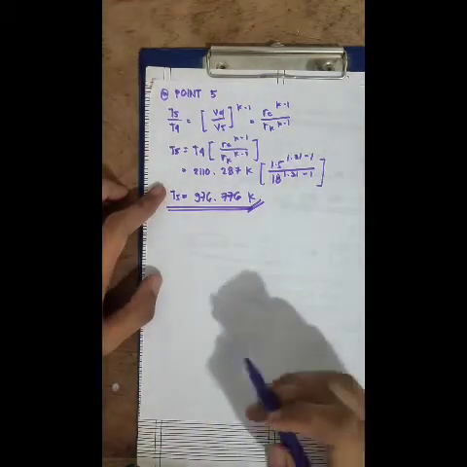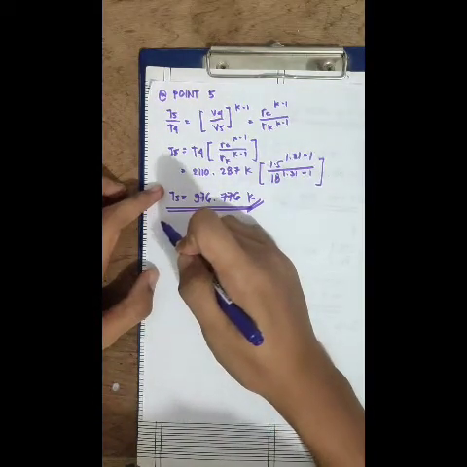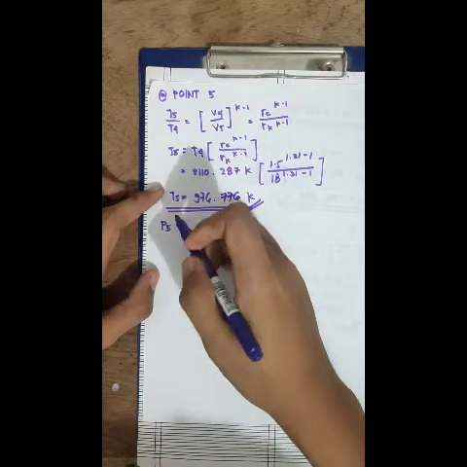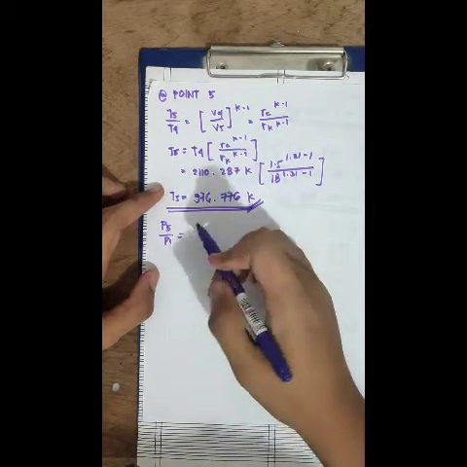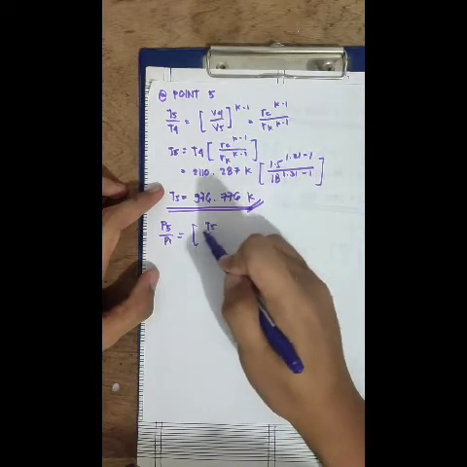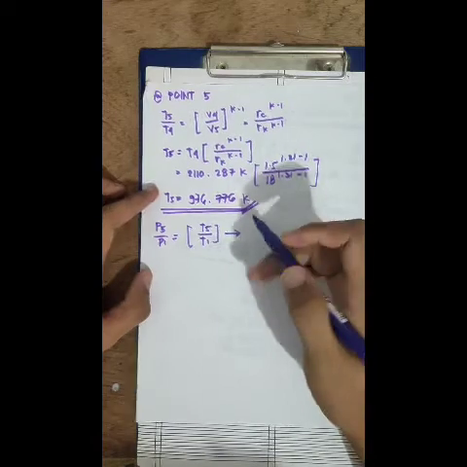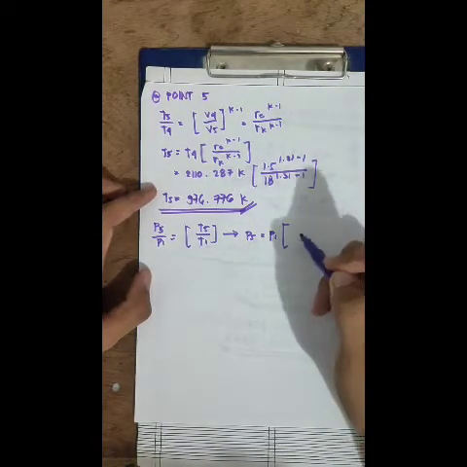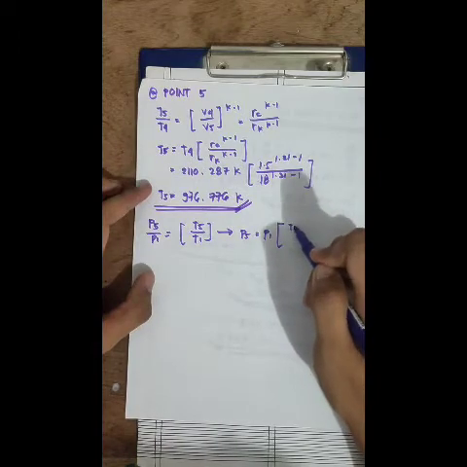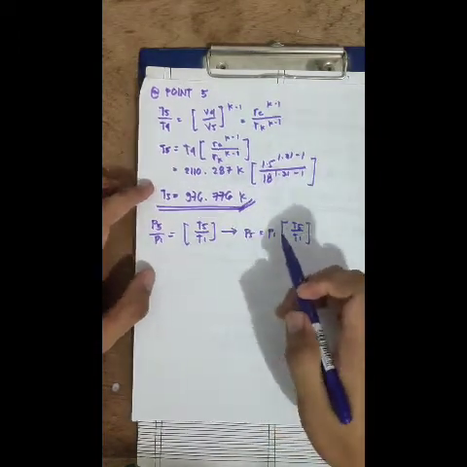So next one is finding the pressure 5. In finding the pressure 5, we use this formula. P5 over P1 is equal to temperature 5 over temperature 1. So we can derive the formula into this: P1 times T5 over T1. So we can now solve the P5.